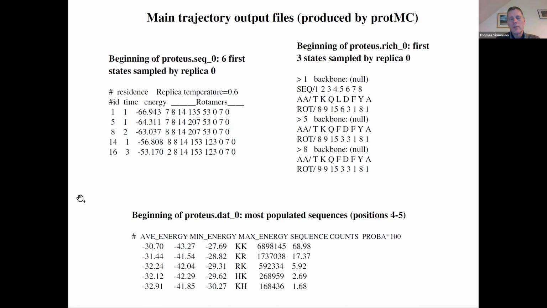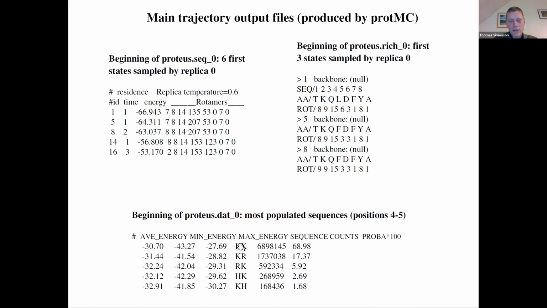When you run the Monte Carlo with BASH, usually the BASH will finish up by doing a little bit of very basic analysis. And one thing it will produce is a bit of statistics on the most populated sequences for that replica during the simulation. So for example, here, in my example, I just have 2 positions mutating. This is a toy system, mind you.